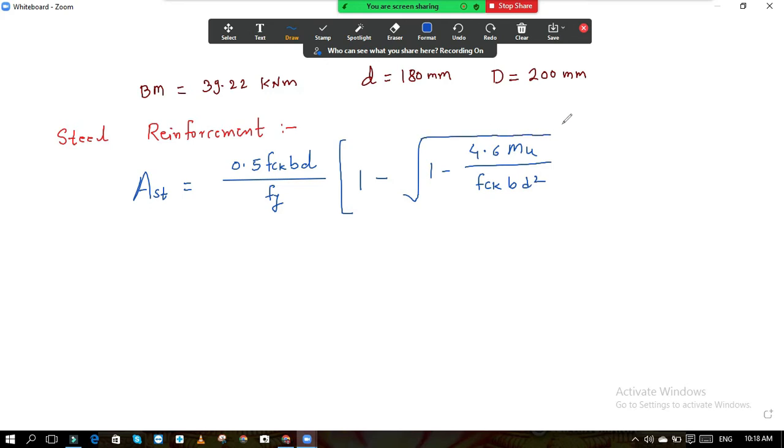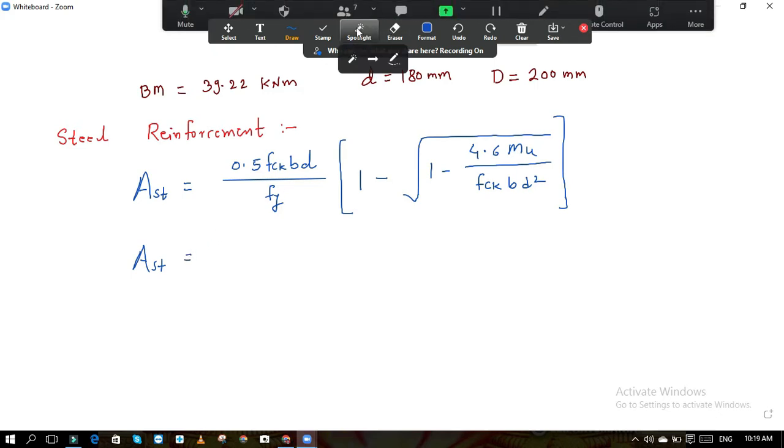So this is our formula. Now in this formula we need to put the values so that we will get the desired answers. So now Ast is equal to the area of steel. What is the value of Ast now?